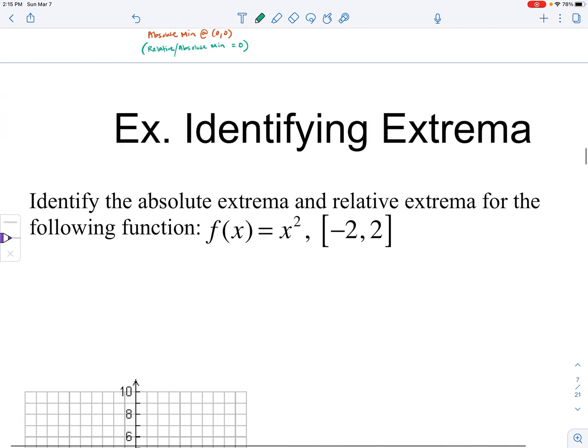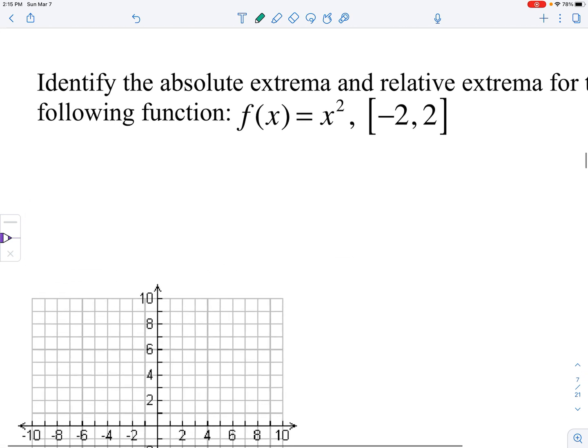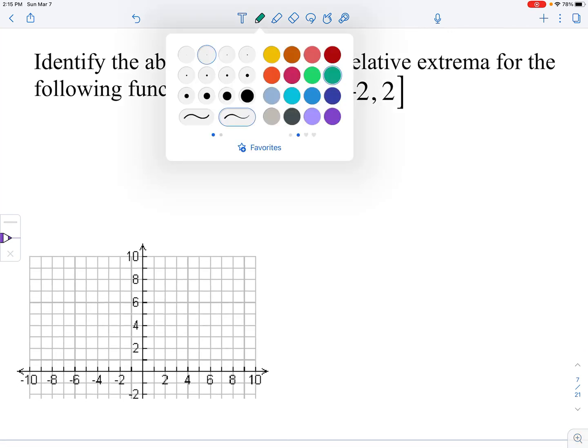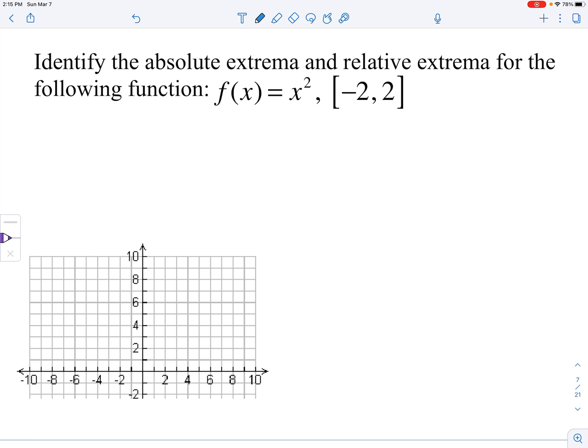Okay, so we identified the absolute and relative extrema on that interval. We're going to come back to this in a couple minutes. Okay, so next, same function, but graphed on a different interval. So graph from -2 to 2. So we'll have the points -2, 4, -1, 1, 0, 0, 1, 1, 2, 4.